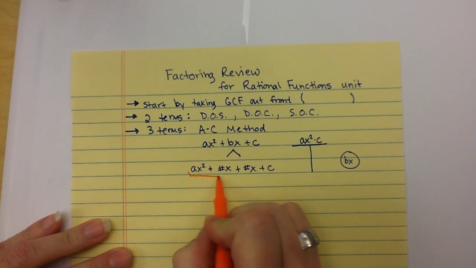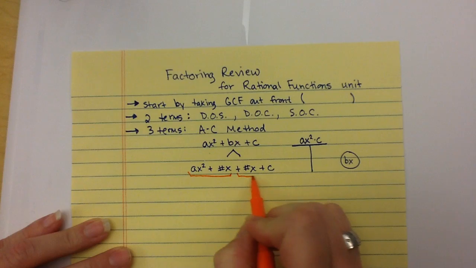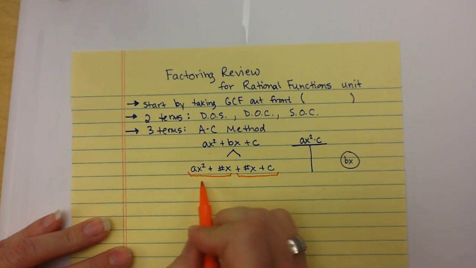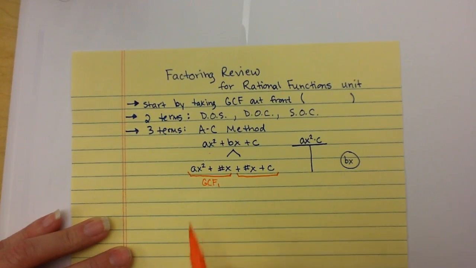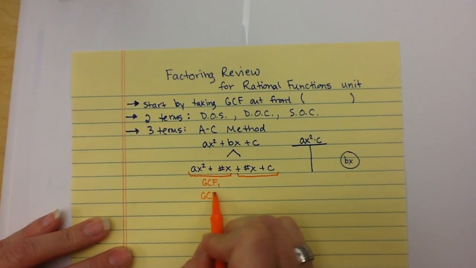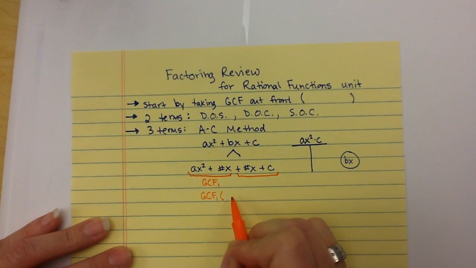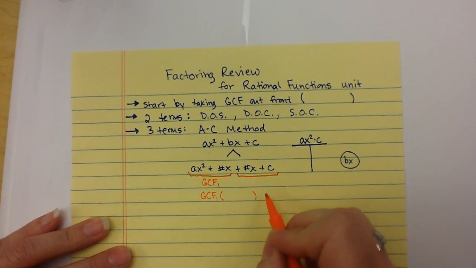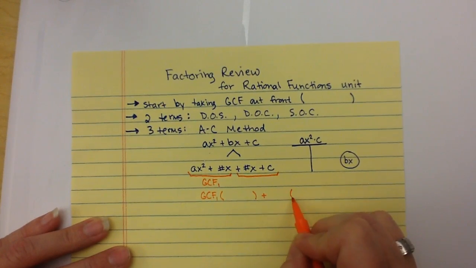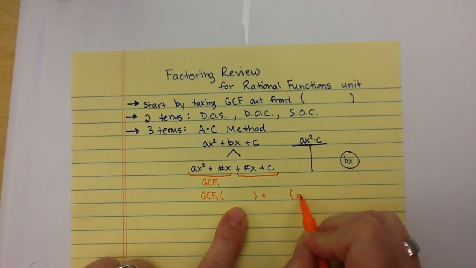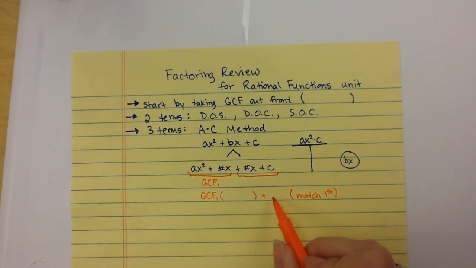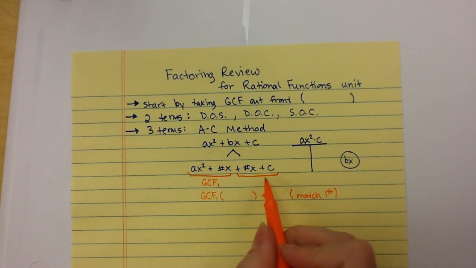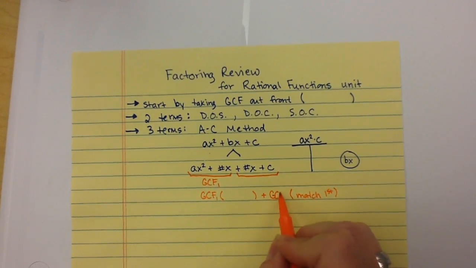So we group these 2 terms together, group these 2 terms together. We take out a GCF from this first group, which will leave us with some GCF out front times a parenthesis after we take that out. And then we have to make this other parenthesis match the first parenthesis. So we figure out what GCF has to come out from this second group, and we put that here.